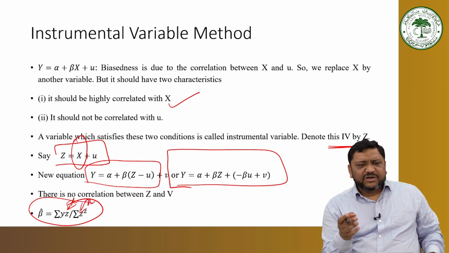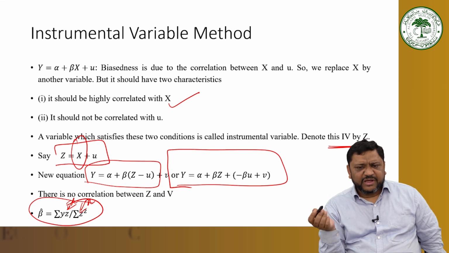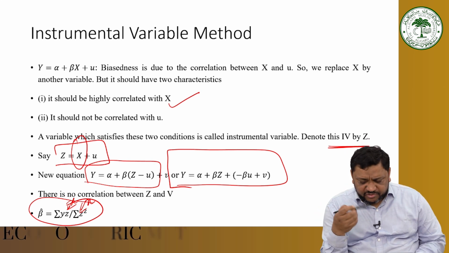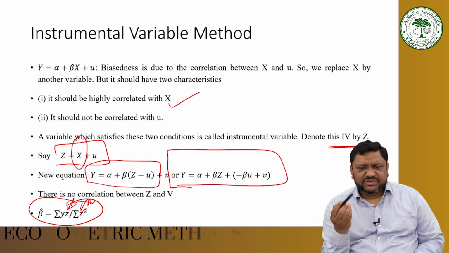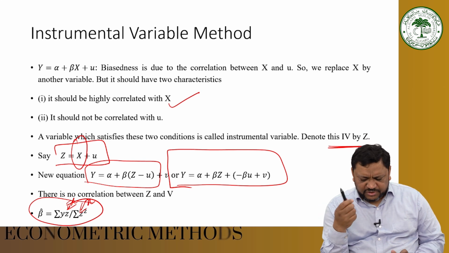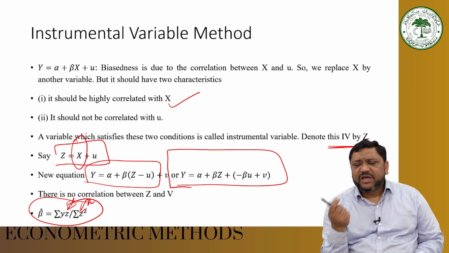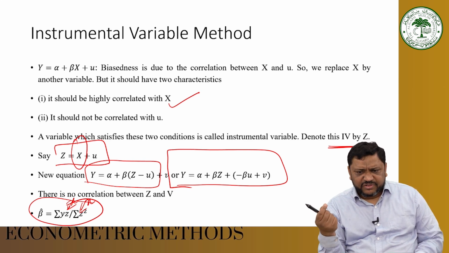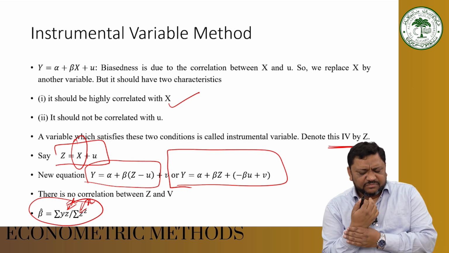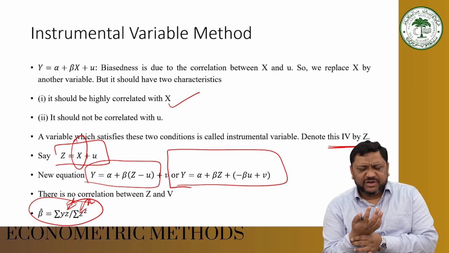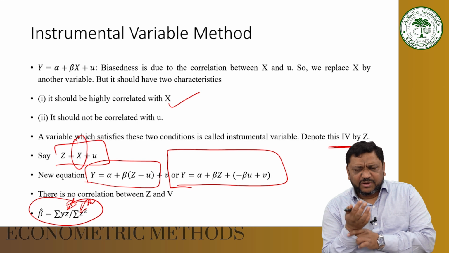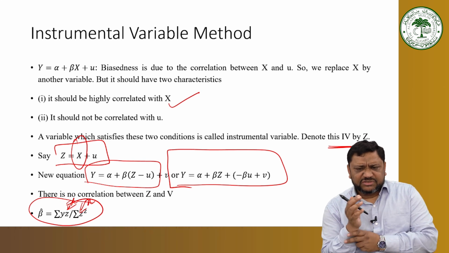So again, the instrumental variable method is also a way out of the estimation problem. In particular cases where the independent variable is related with the error, we replace that independent or explanatory variable by a different variable, with two conditions being satisfied.